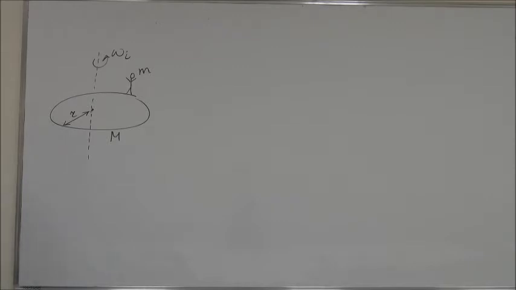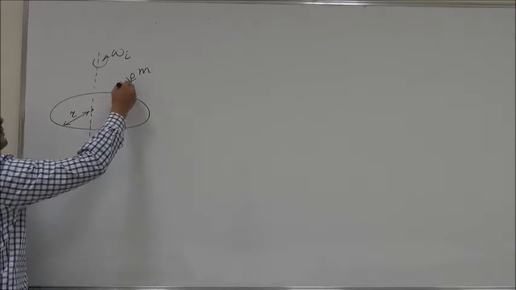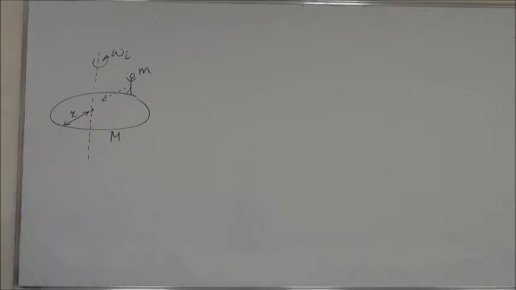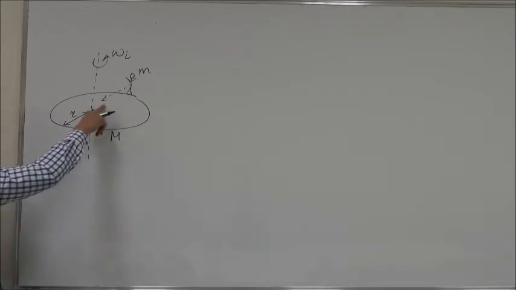The person then starts to move towards the center. So it gets to a distance of 1.33 meters away from the axis. The question is, what is the angular speed of the platform when the person is here?